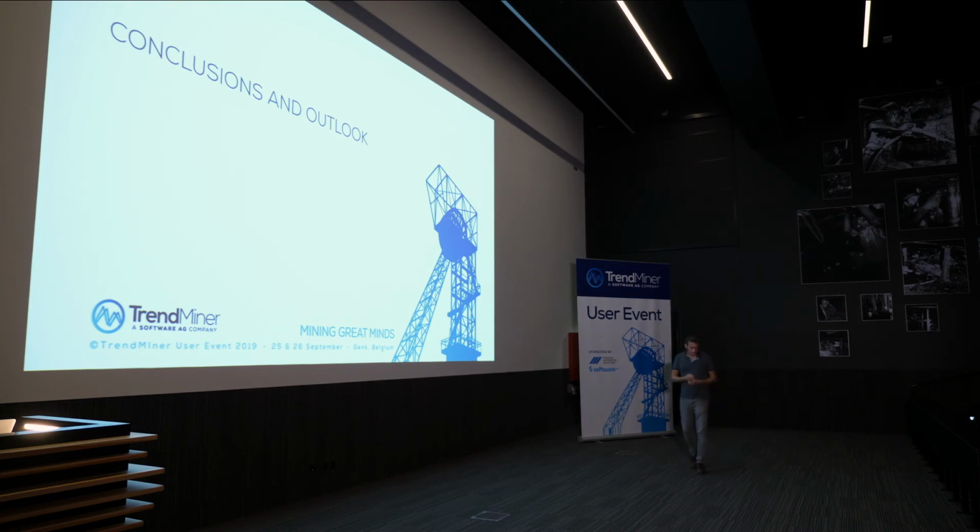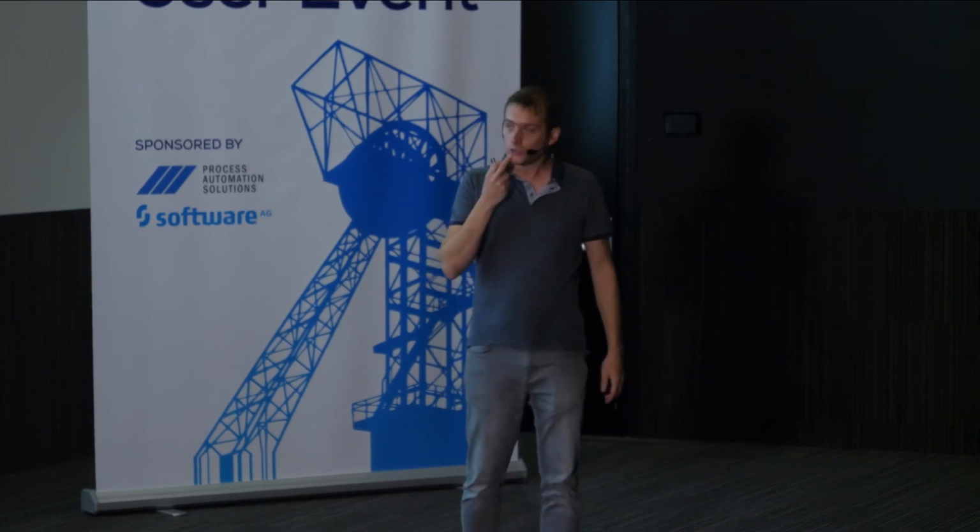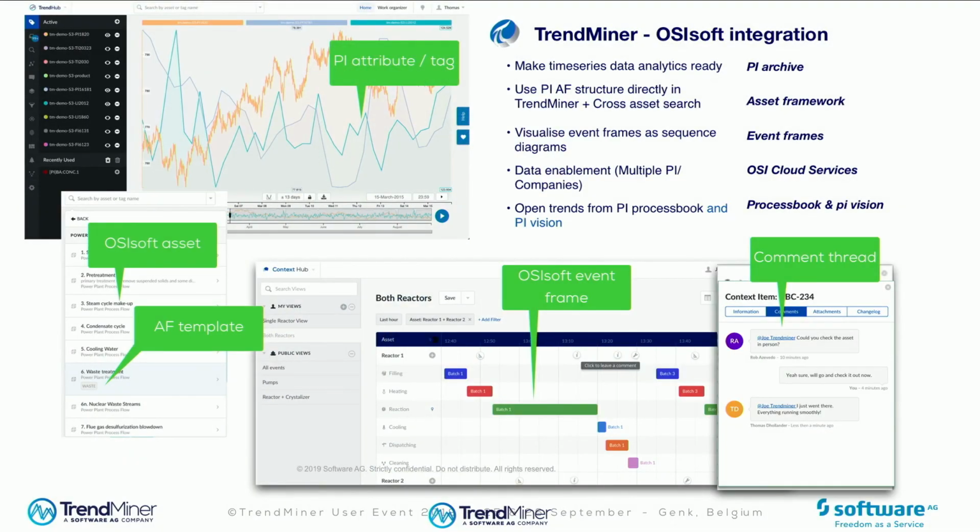So, with that, I would like to conclude and look a bit towards the future because we have quite some integration points with OSIsoft tooling today. I hope that's clear. But it's not the end point, and I wanted to talk a bit about what's coming next also. So this is a summary of what we've discussed.